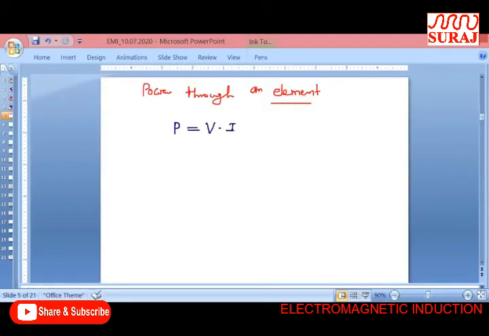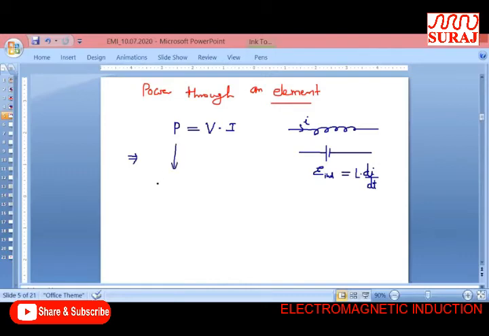We have seen P equals voltage into current. Now for this inductor, the current is I and it is increasing. So the EMF induced here is L di by dt.